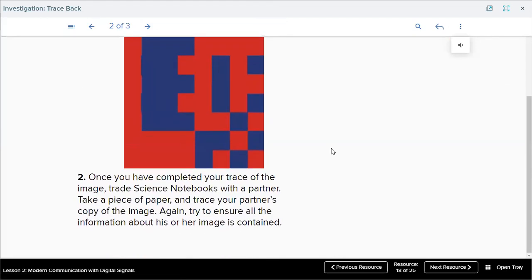Second paragraph: once you have completed your trace of the image, trade science notebooks with a partner. Take a piece of paper and trace your partner's copy of the image. Again, try to ensure all the information about his or her image is contained.